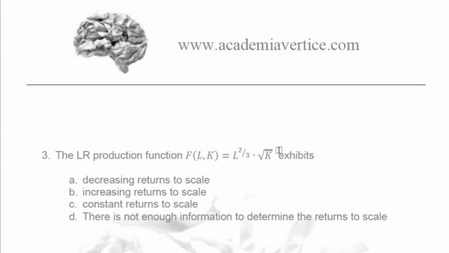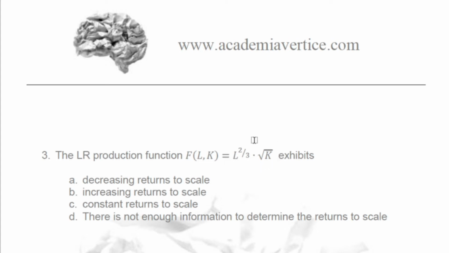It has only one sum, I don't know how you say it in English. I don't have L plus K or square root of L plus 2L. We only have one sum. Then it's for sure a homogeneous function.